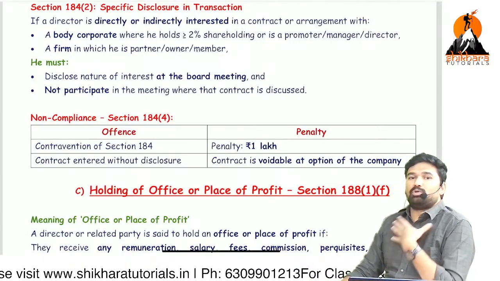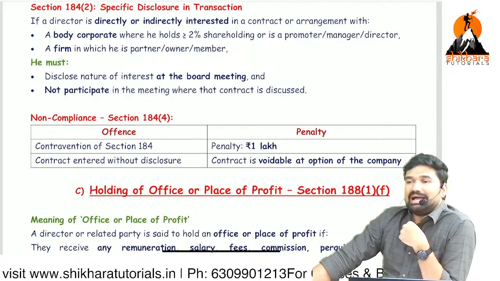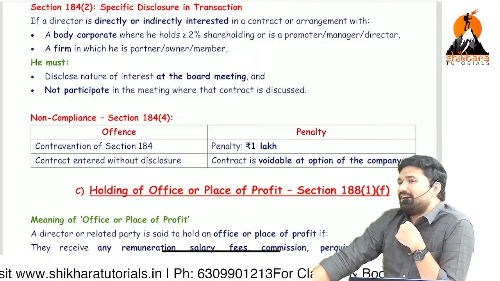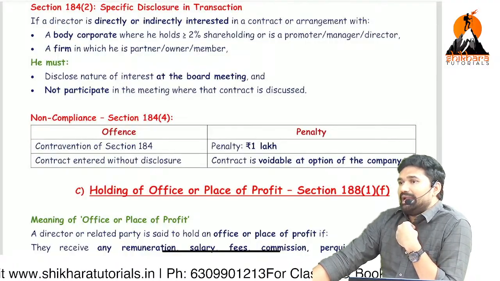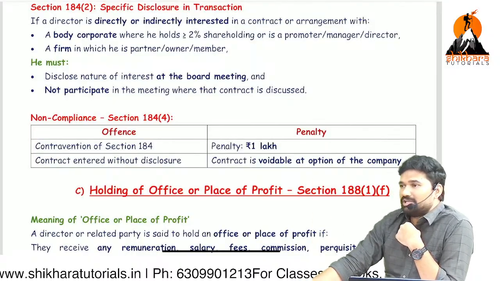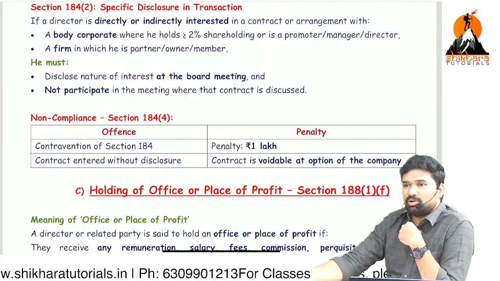Say for example, I am holding 4% ownership in the other company, but I intentionally disclose that I am holding just 1% or 1.5%, and I participate in the meeting. No one knows that I am holding 4%, because I disclosed only 1%.